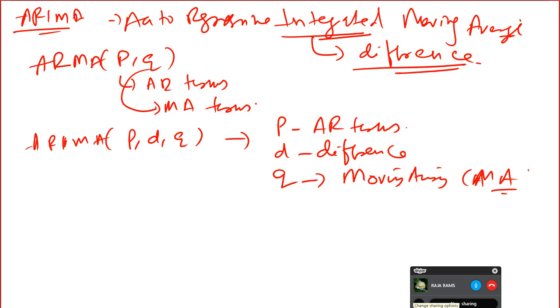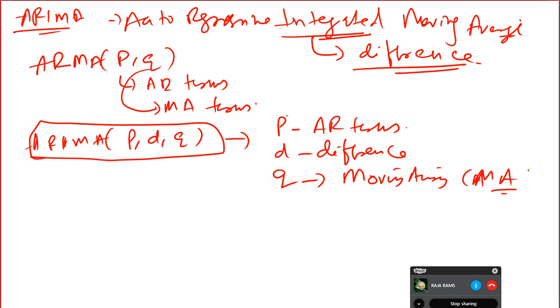So when you combine these three, you get what is known as ARIMA(p,d,q). The difference is nothing but the number of times you are differencing the time series before making it stationary.